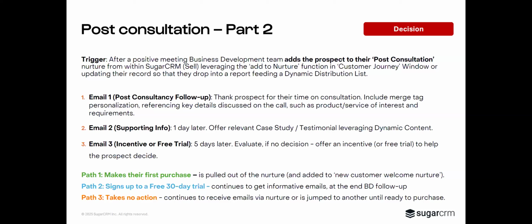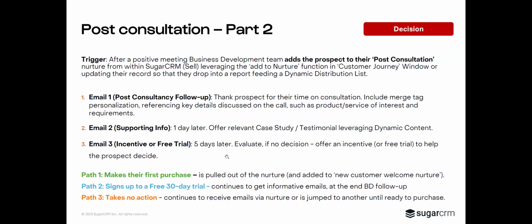And then you might follow up with some supporting information, case studies, testimonials. Remember, they're close to making a decision to purchase at this point. So we want to make sure that we're delivering them relevant content to what they've inquired about. And then 5 days later, we might have an evaluation conditional element that says, if there's no decision, they didn't purchase, then we'll offer them an incentive or an offer, or maybe a free trial, depending on what our business is.